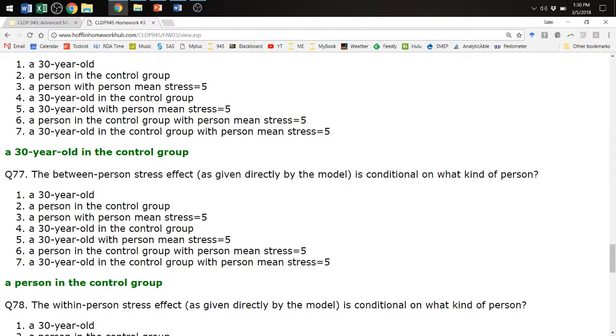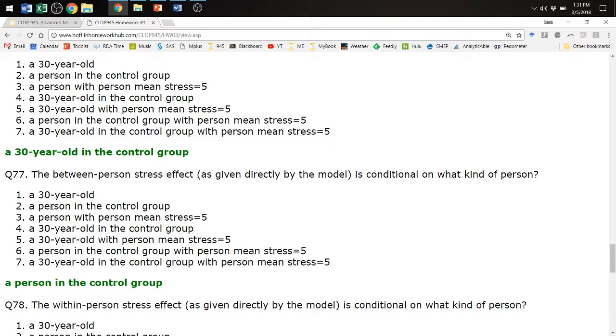So where we center that has nothing to do with it. It's more just the value of the variable itself. It's not conditional on itself unless it interacts with itself. So if I had person mean stress 5 by person mean stress 5 as a quadratic between person stress effect, which I could have had but didn't, then it would also be conditional on person mean stress 5.